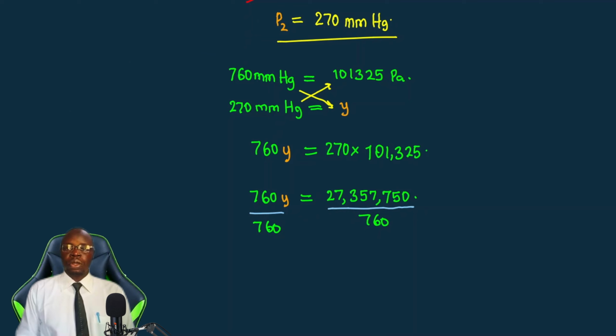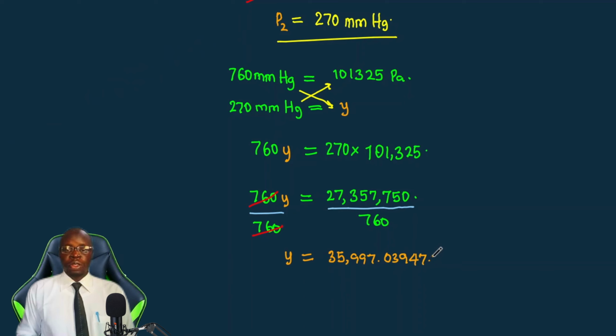So again, this cancels and we get our Y. When we divide our result here by the denominator 760, we will get 35,997.03947.